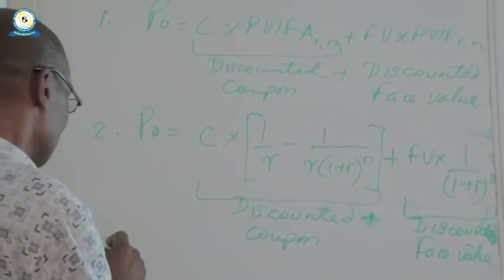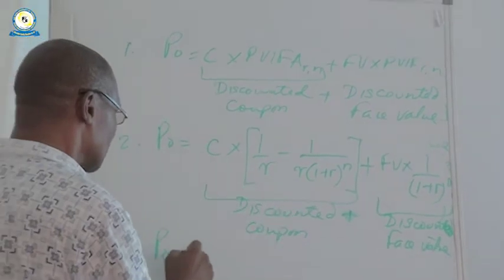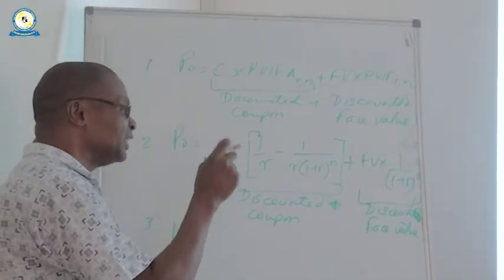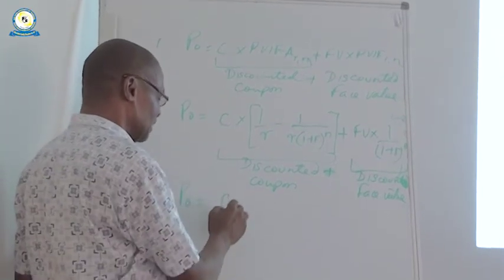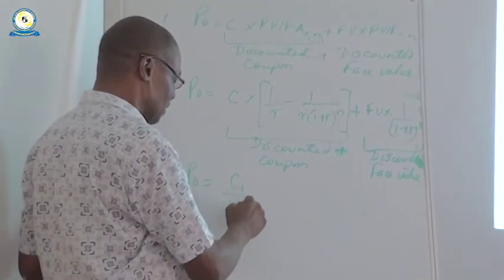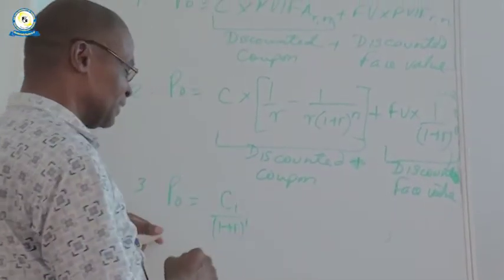The third one, we can use P naught and discount each year. So we take the coupon for the first year over 1 plus R power 1.